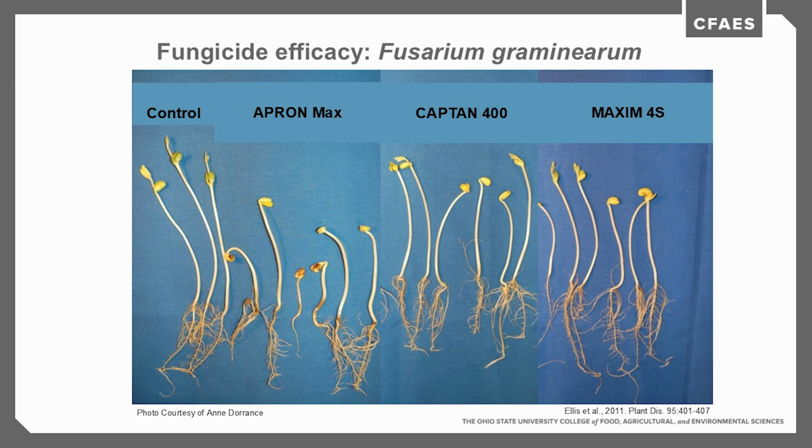However, when we use a product that is meant to control Phytophthora and Pythium, those fungal-like organisms, not true fungi like Fusarium and Rhizoctonia, you see that absolutely it's not doing any work, and Fusarium is completely affecting those seedlings.